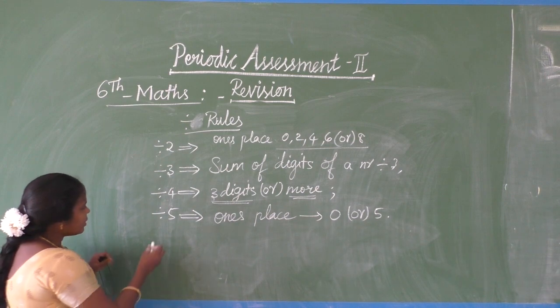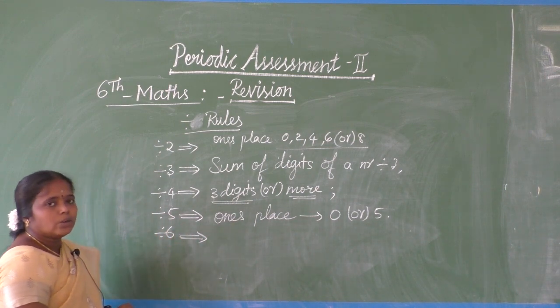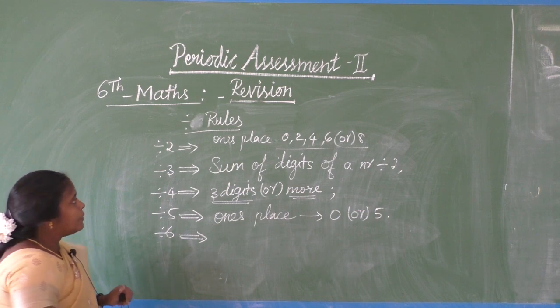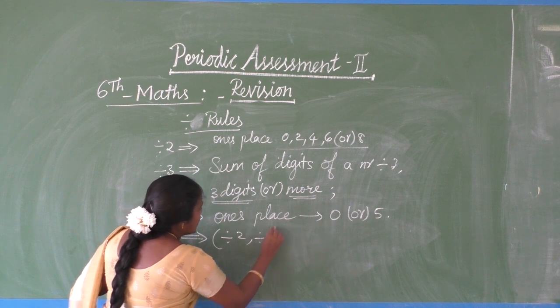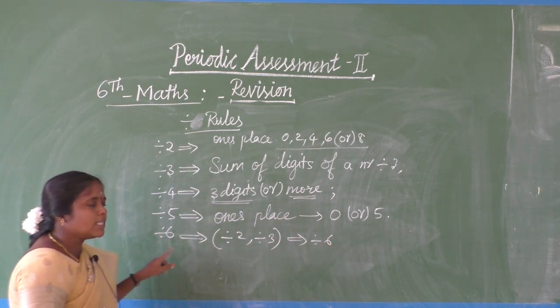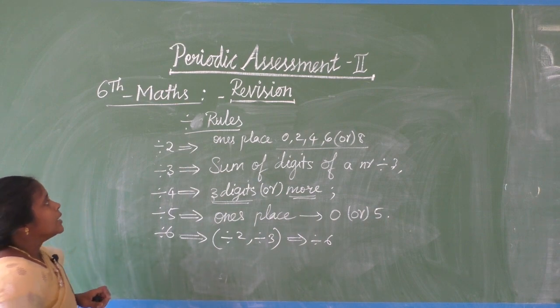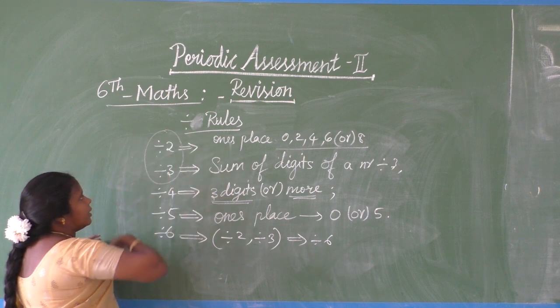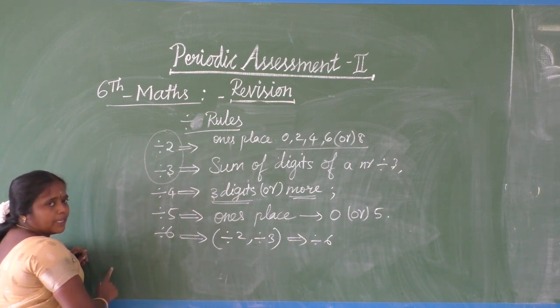Understood? Divisible by 6, for this no specific rule is mentioned. If the number is divisible by both 2 and 3, then it is also divisible by 6. What is the condition for dividing any number by 6? We have to apply the 2 conditions, divisible by 2 and divisible by 3.